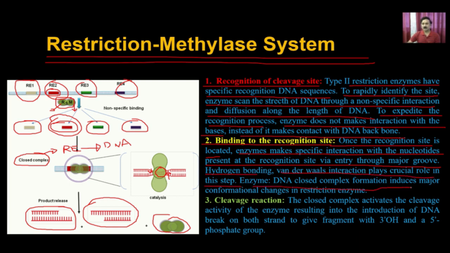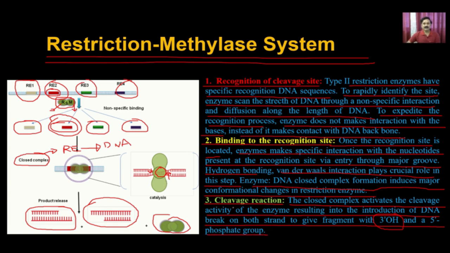Enzyme-DNA closed complex formation involves major conformational changes in the restriction enzyme, and that's how the restriction enzyme gets very close to the DNA, and then it performs the cleavage reaction. The closed complex activates the cleavage activity of the enzyme, resulting in DNA breaks on both strands to give you fragments with a 3' OH overhang or a 5' phosphate overhang.